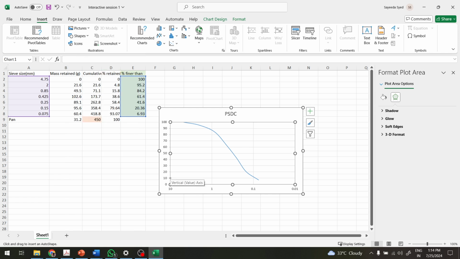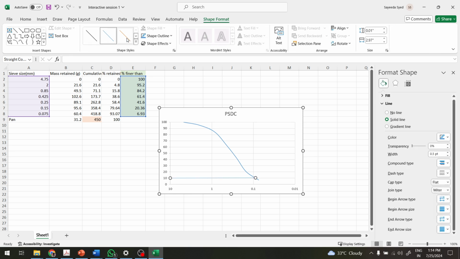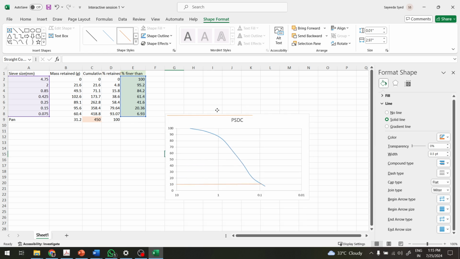So see, D10 is the diameter below which 10% of the percentage finer is present. So this is D10.